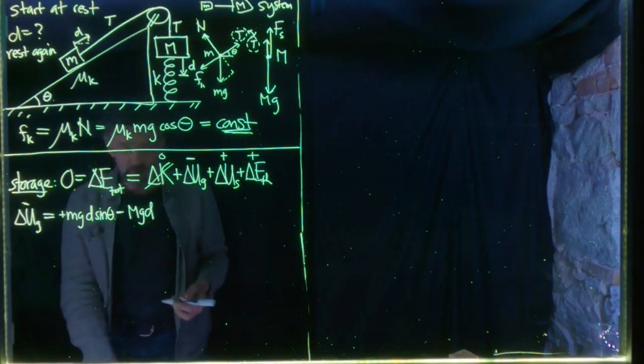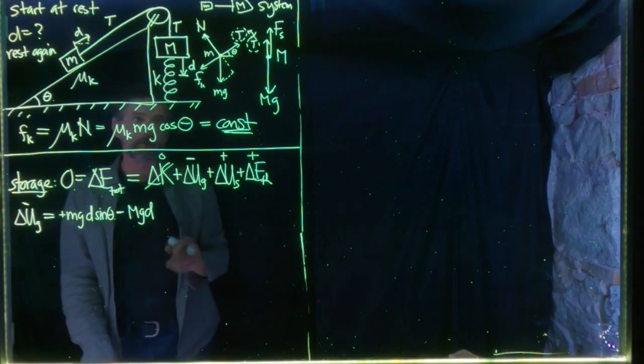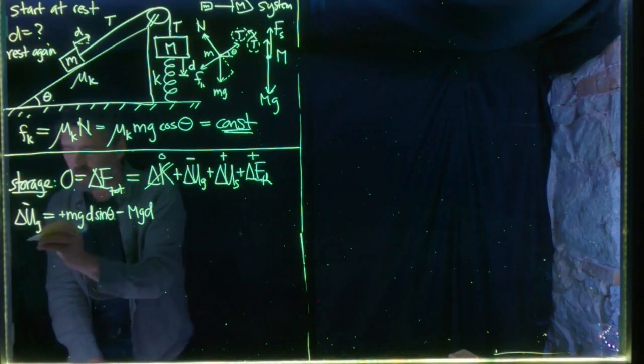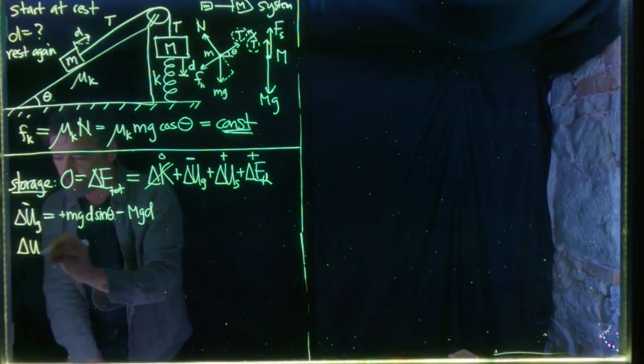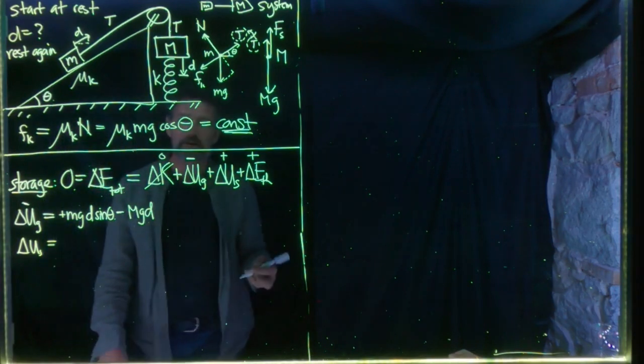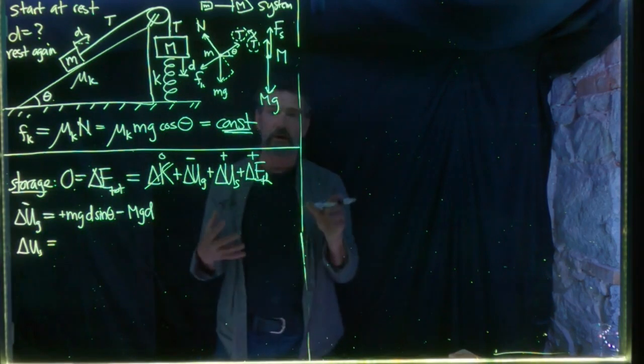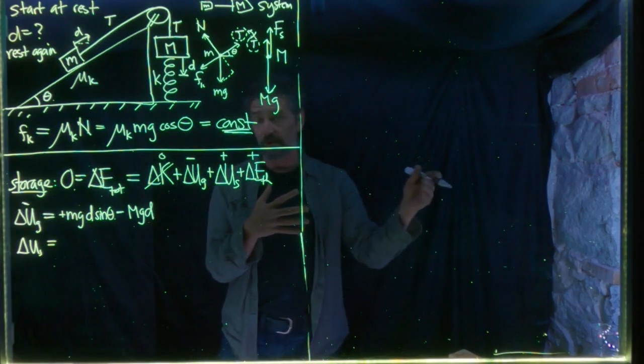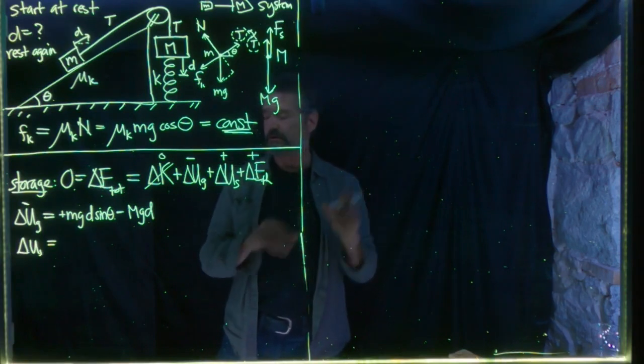Okay, and then the next is the spring. We have a spring which is being compressed, and so there's a change in the energy stored in that spring, in the electrostatic field amongst all the particles in that spring. So the change in the spring energy, so spring energy is 1/2 kx squared. It's positive, plus this arbitrary constant, or this zero constant.